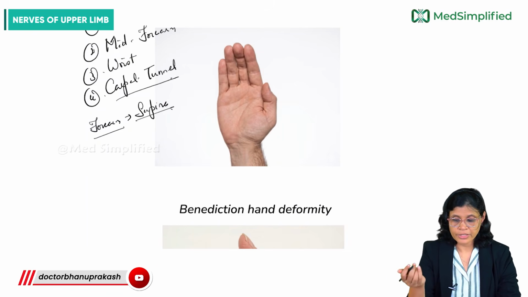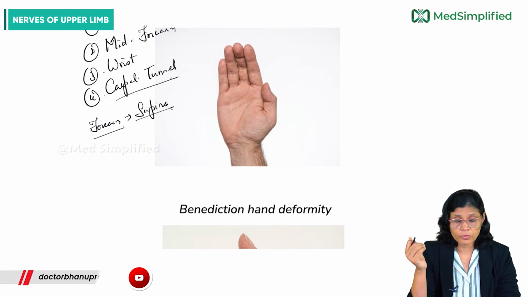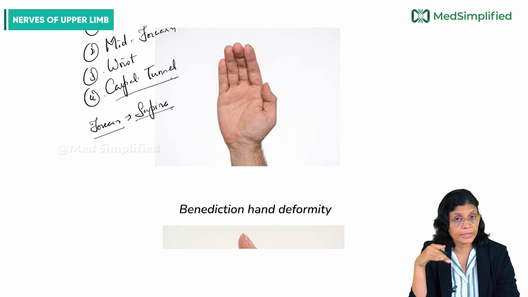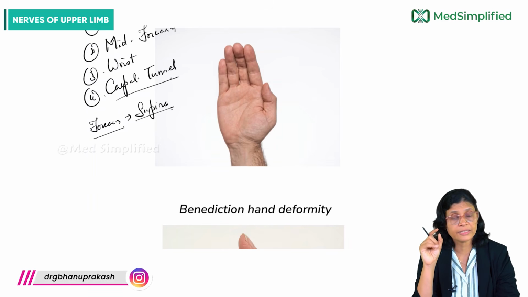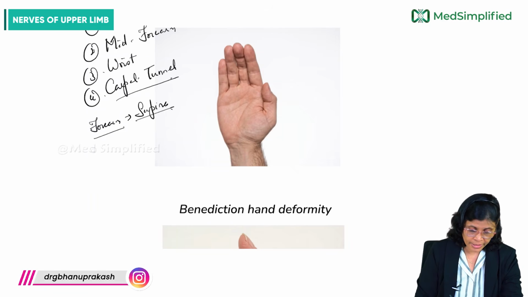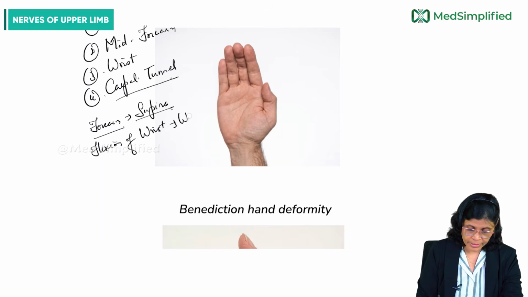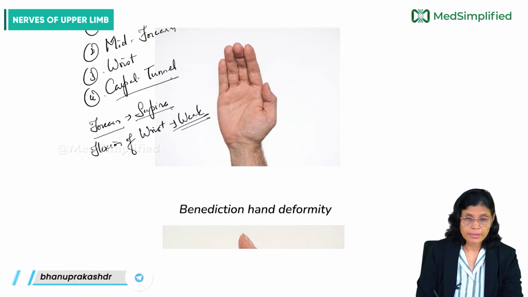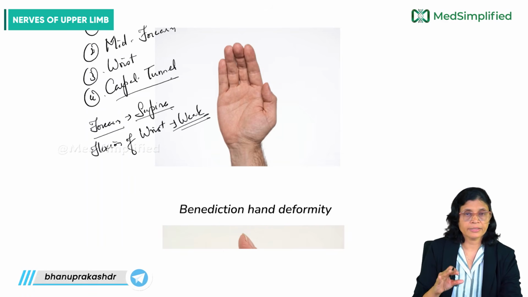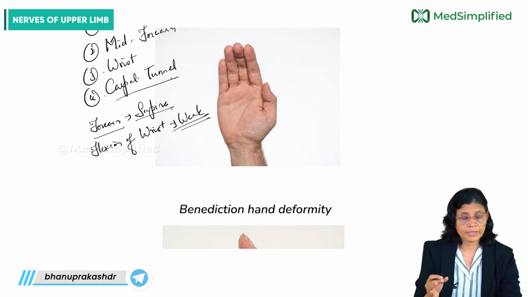Then the flexion of the wrist becomes weak. Here I am saying it is not complete paralysis, it is weak. Why is it weak? Which muscles are spared? Two muscles are spared. There is no loss, it is just paresis. Paresis is weakness, paralysis is complete loss.